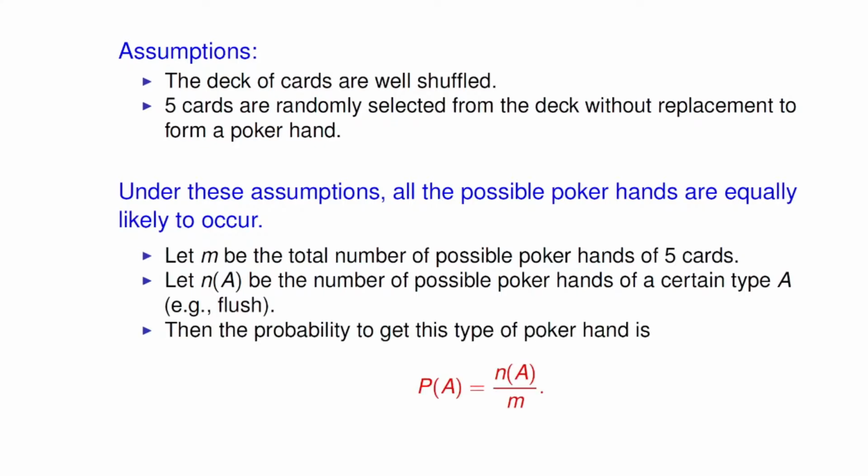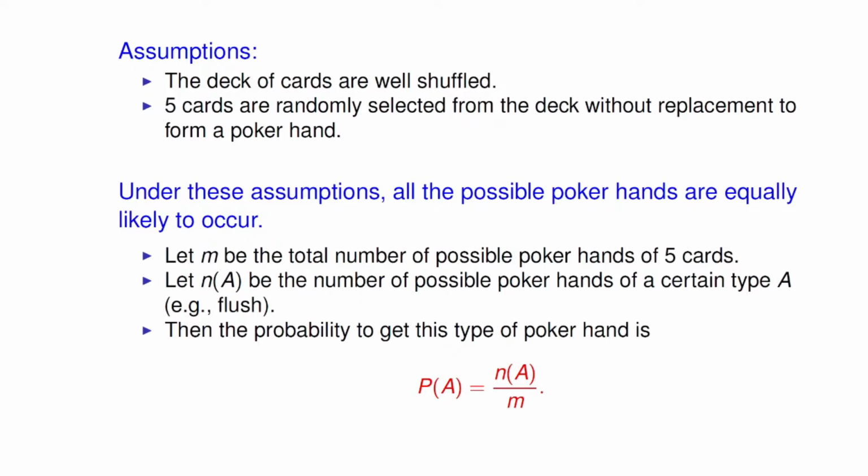Then the probability to get this type of poker hand is the probability of A equals the number of possible poker hands of this type A over the total number of possible poker hands M. So P(A) equals N(A) over M.